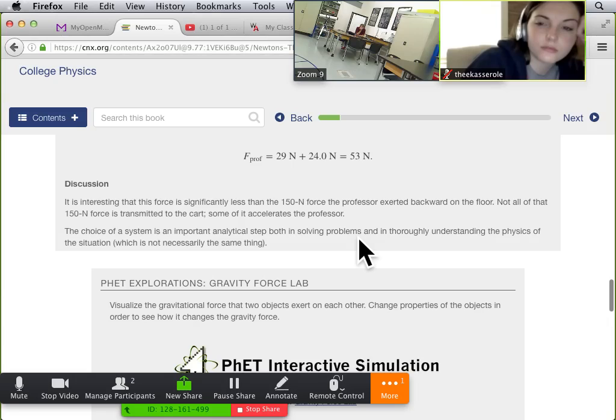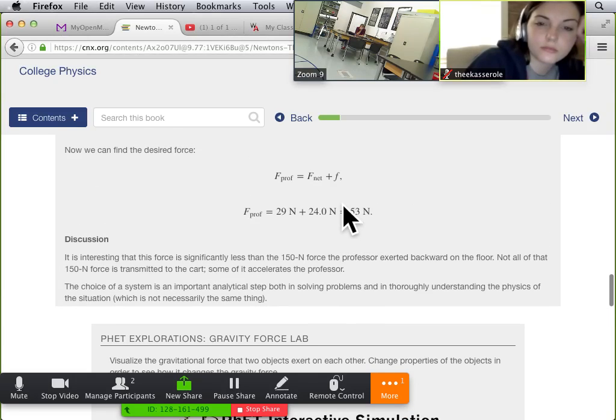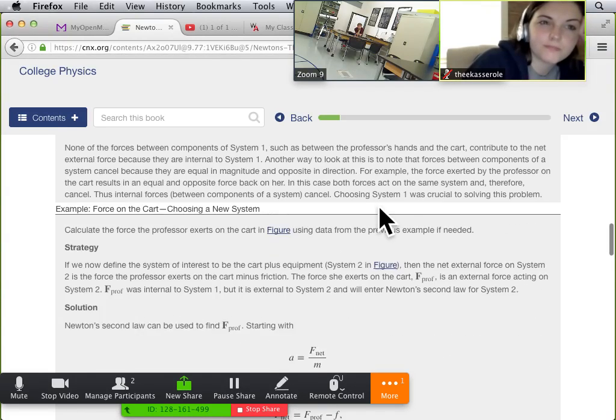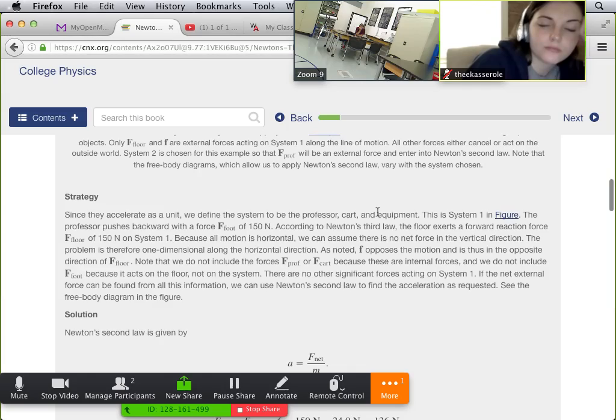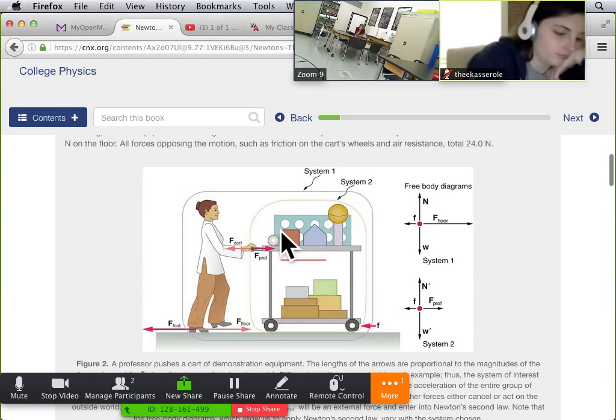Why is it less? Why does the professor have to push less on the cart than she has to push on the ground? Remember, on the ground she has to push 150 newtons, but on the cart she only had to push 53 newtons. Why does the professor push harder with her feet down here than she does with her hands up here?